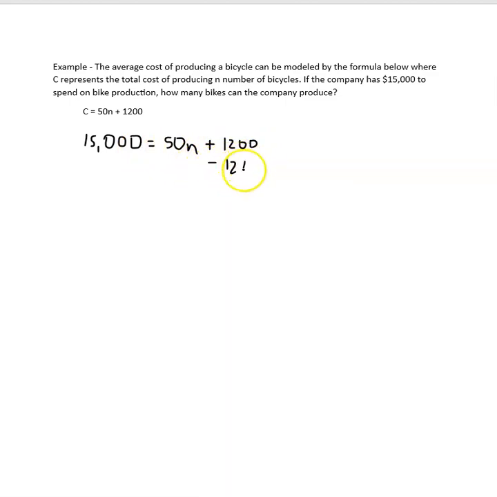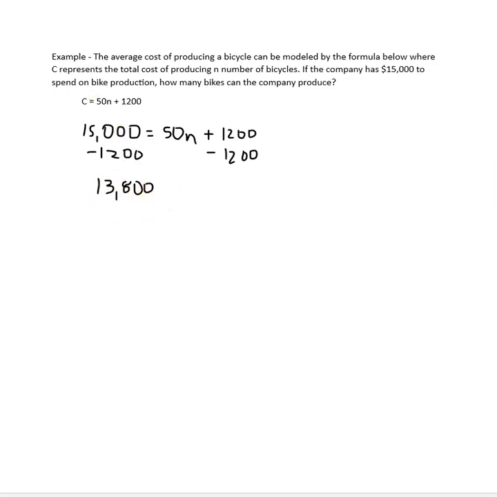So we subtract 1,200 from both sides. So we get 13,800 is equal to 50N.